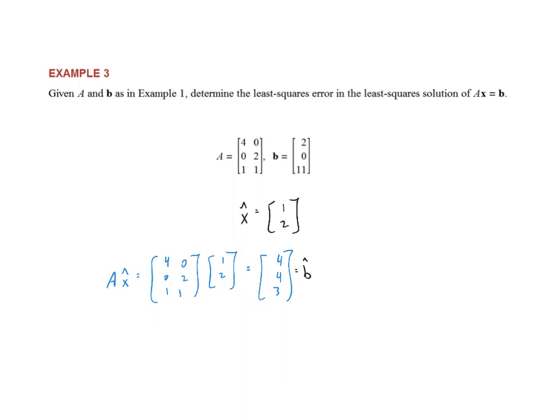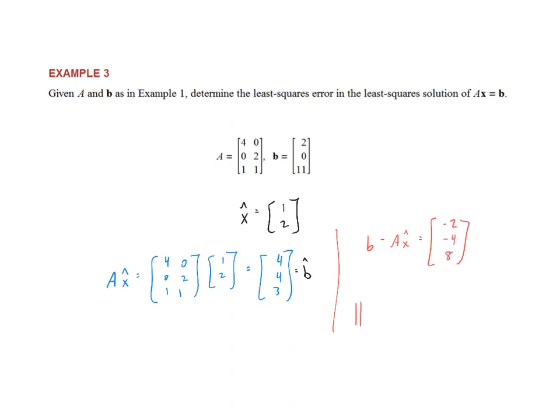So how close is it? We're going to find b minus A times x hat. That is that orthogonal vector, which I believe was red in the first picture that I drew for you. We find that orthogonal vector, and it's -2, -4, 8.